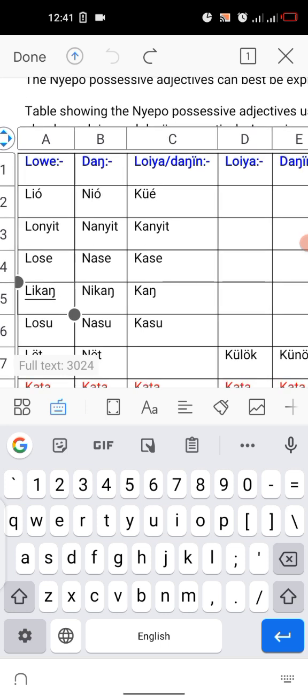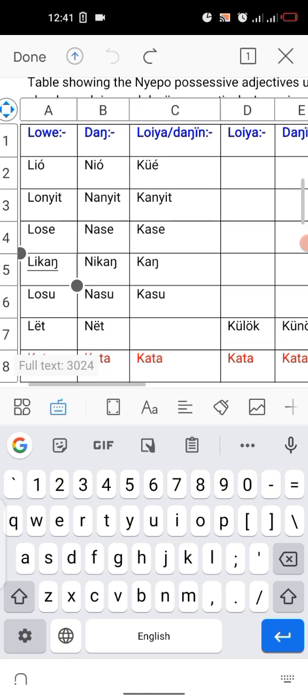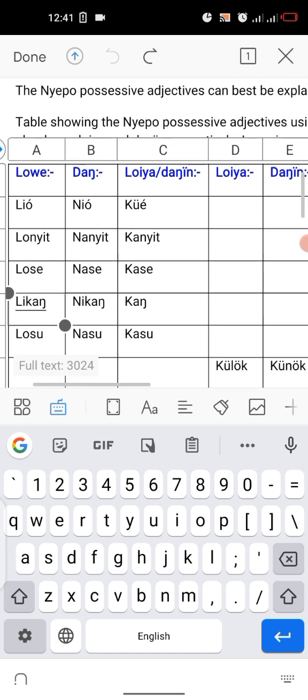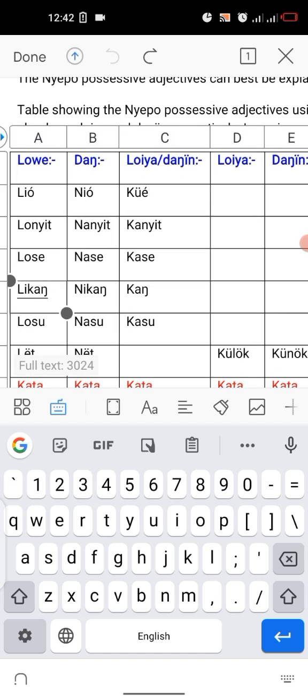If you want to say our arrows or our bows, lawyer kaso or dangin kaso. If you want to say your arrows or your bows.